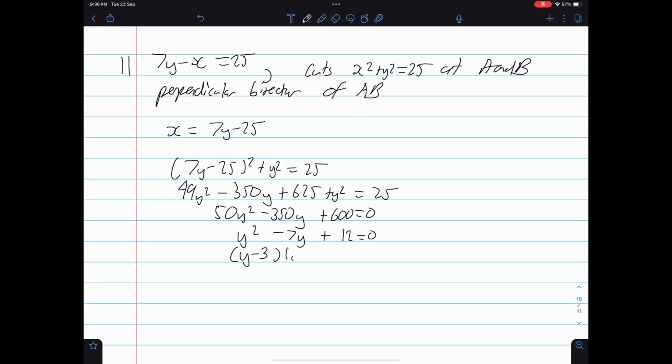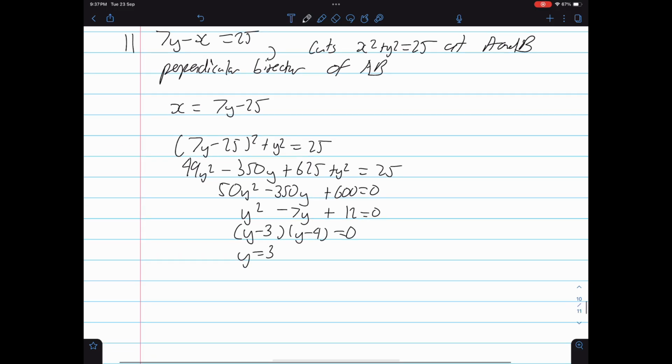So (y minus 3)(y minus 4) equals 0. y equals 3, y equals 4.